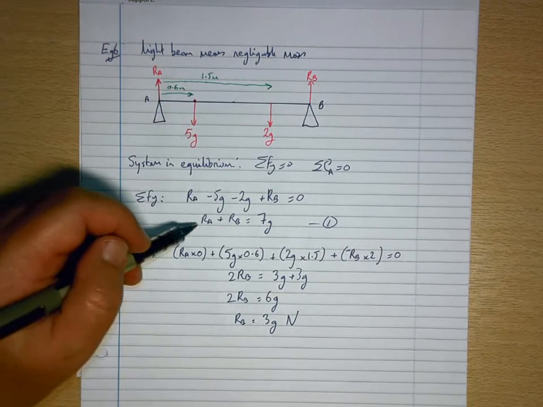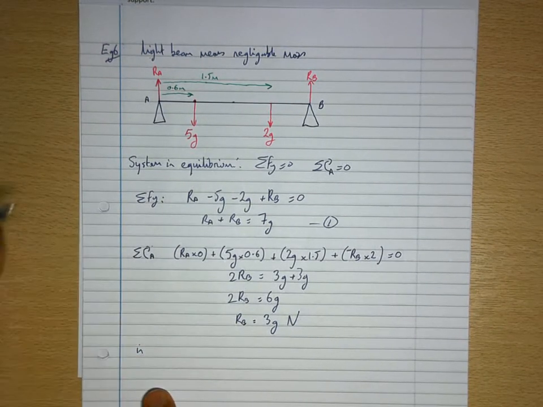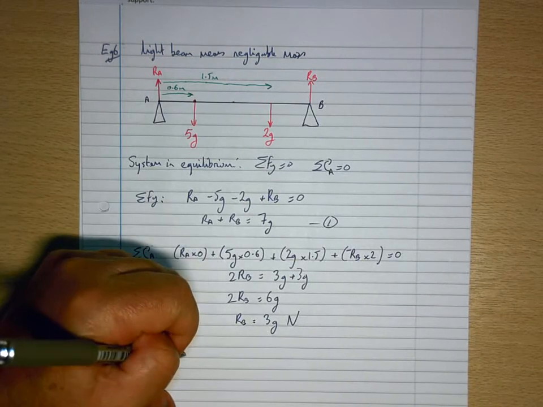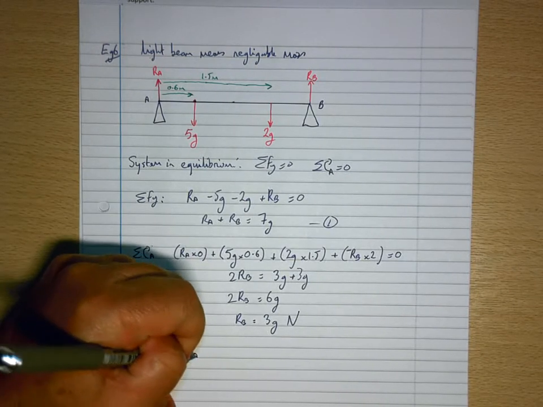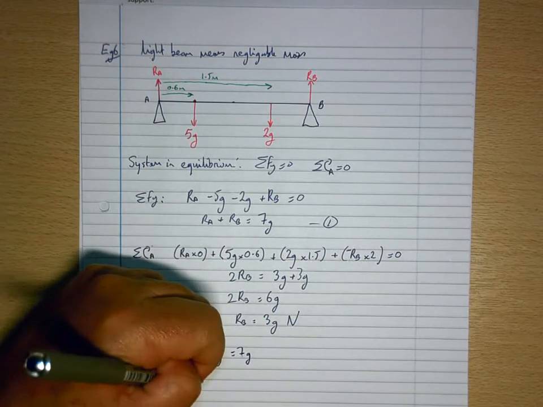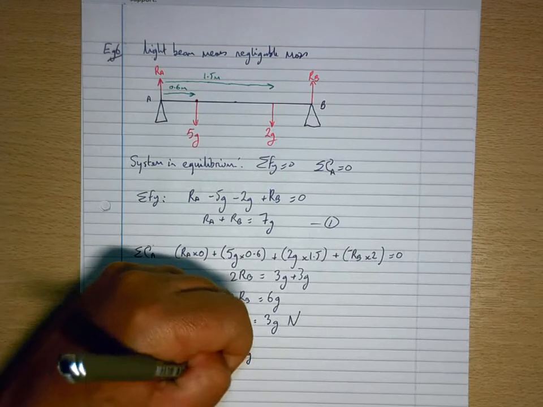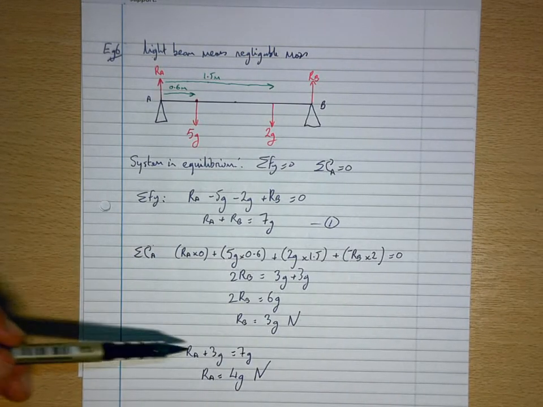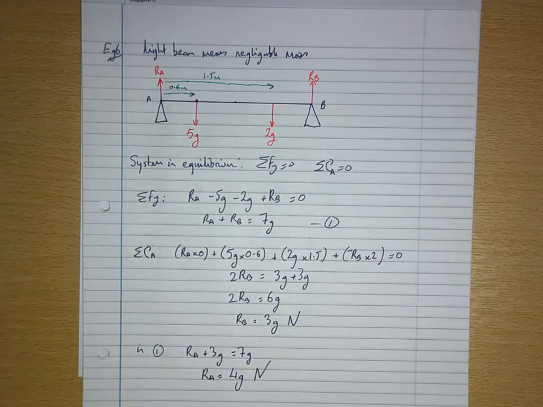And then by putting that into 1, you've got RA plus 3g equals 7g, so RA would be 4g newtons. So you've got RB is 3g, RA is 4g.